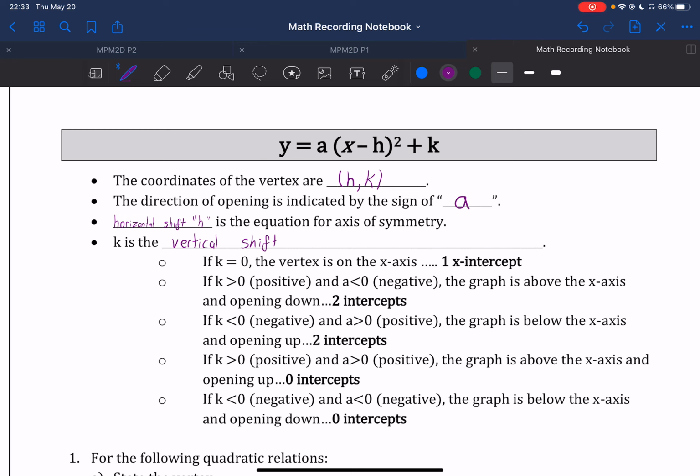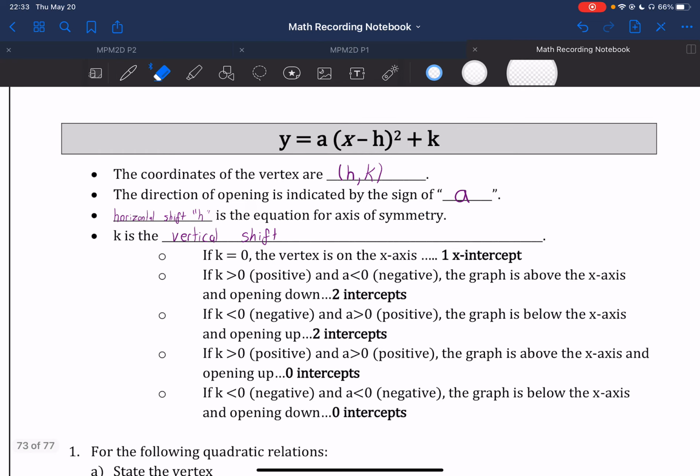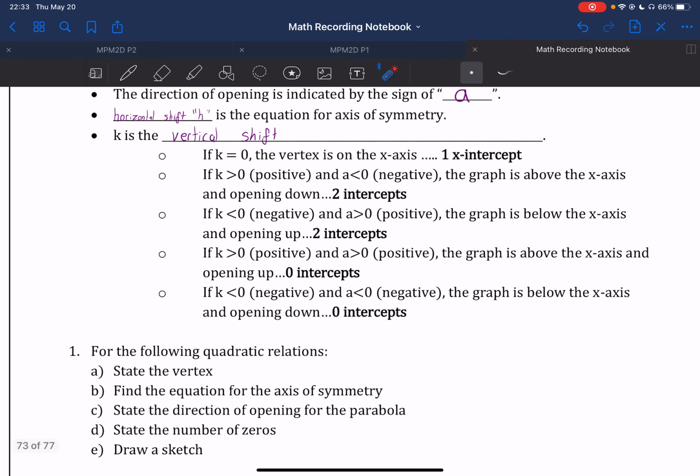If k is positive, but a is negative, the graph is going to be above the axis and opening down, so that's going to give us 2 intercepts. Now, if k is negative, but a is positive, the graph is going to be below the x-axis and open up, meaning there are going to be 2 intercepts.